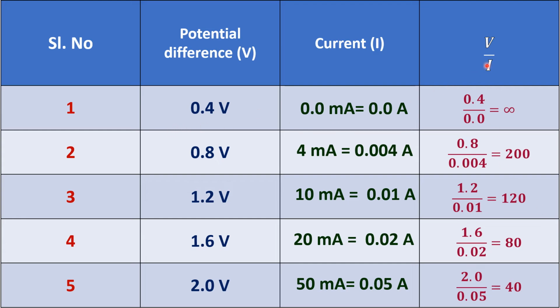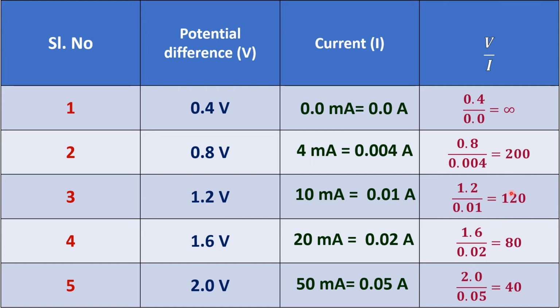Now you can observe one thing. Here the V by I value is not constant, isn't it? So when the voltage is gradually increasing, what happens here? Current also increases, but the ratio of V and I is not constant.